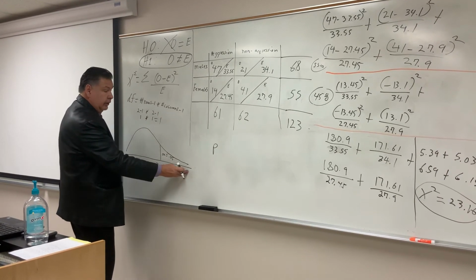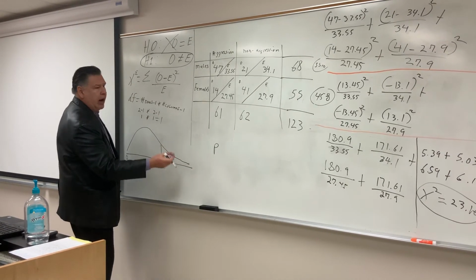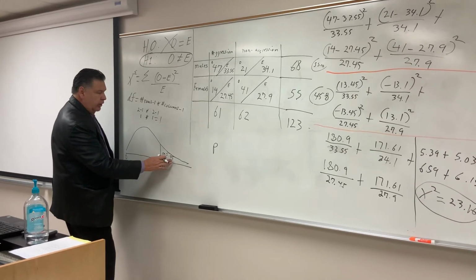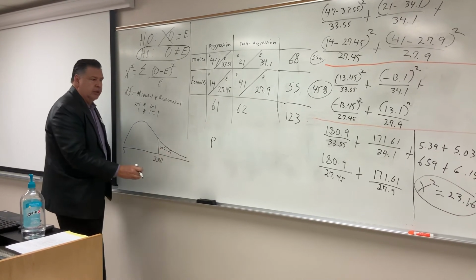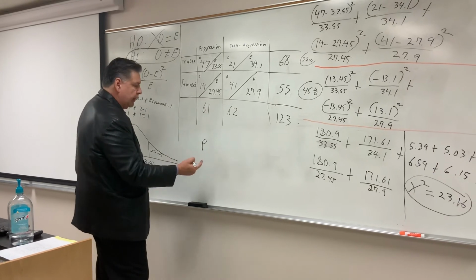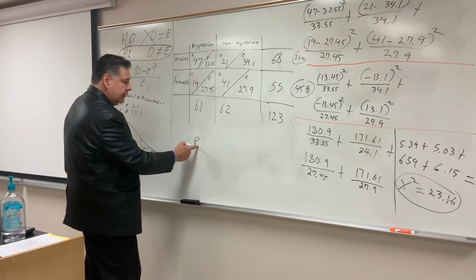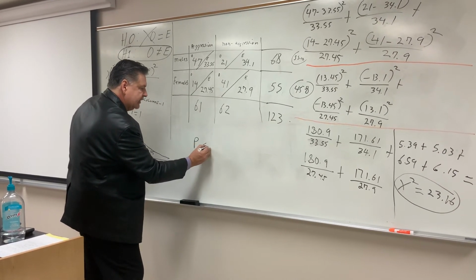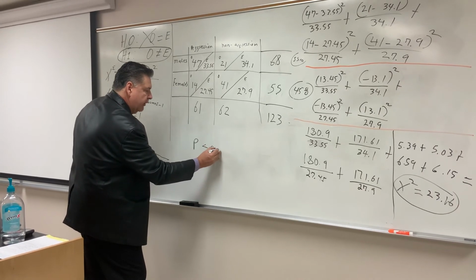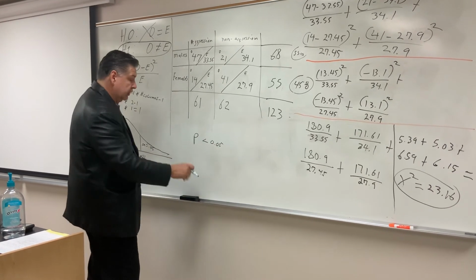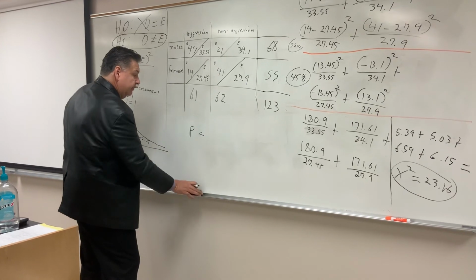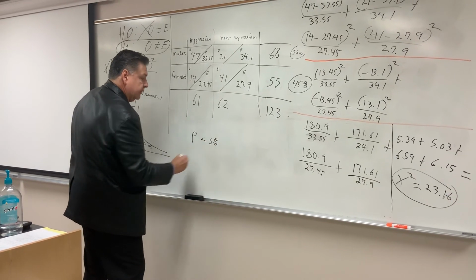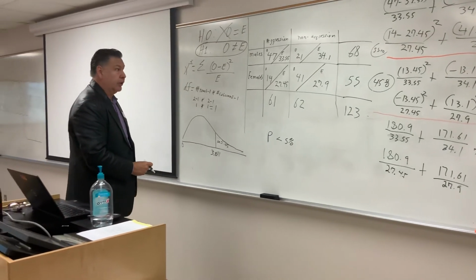Now the higher the number, the lower the probability will be. So you're just going to report that the probability for making a type 1 error is less than 0.05, or you can just say it is less than 5%. And that will work.